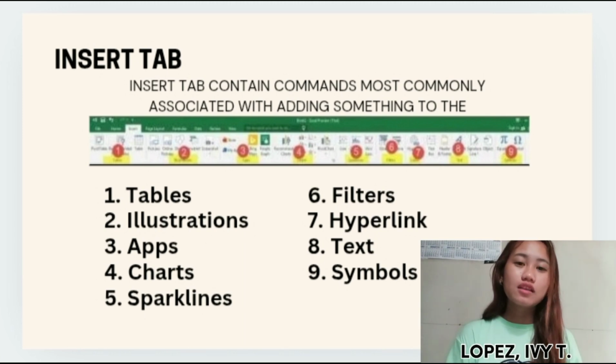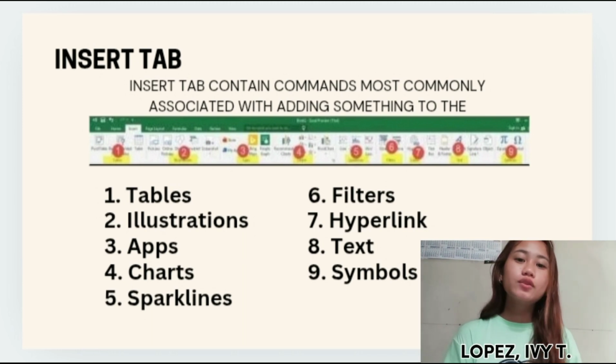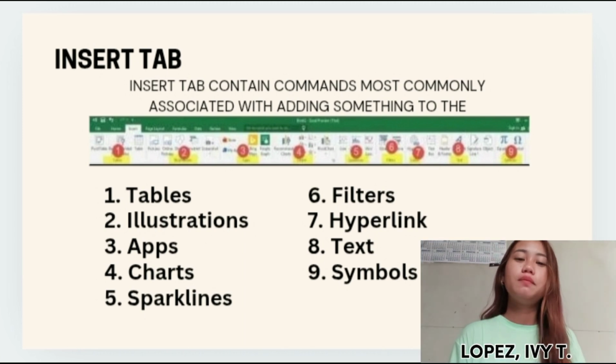Number 8 is text. This group is used to format text in the desired format. For example, if you want to have the header and footer, you can use this group. In addition, WordArt allows you to use different styling for text. You can also create your signature using the signature line feature. And number 9 is symbols.